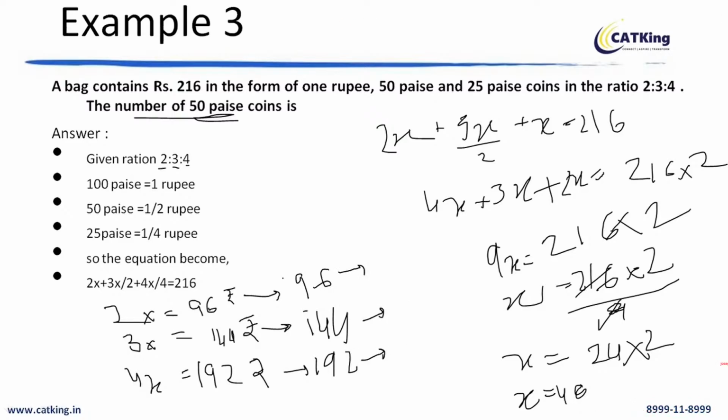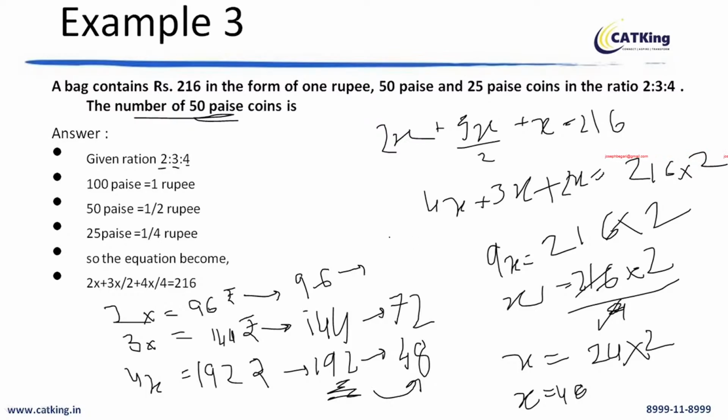Now let's find out the amount. Okay, 144 coins in terms of 50 paise is basically 72 rupees. 192 coins in terms of 25 paise is basically equal to how much? Is equal to 48 rupees, sorry. 192 coins, correct? 192 coins in terms of 25 paise is going to give you 48.